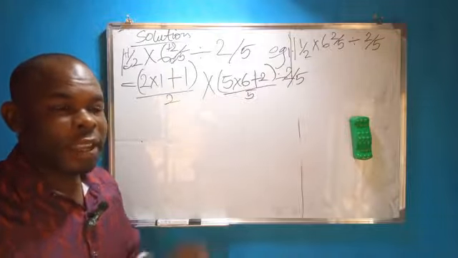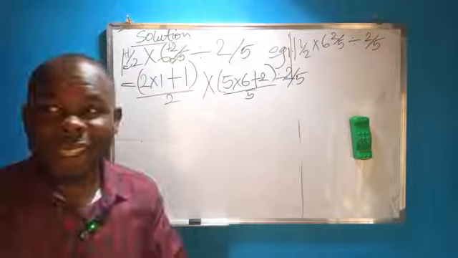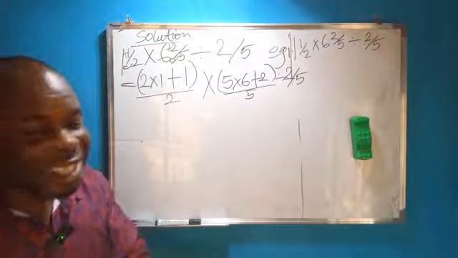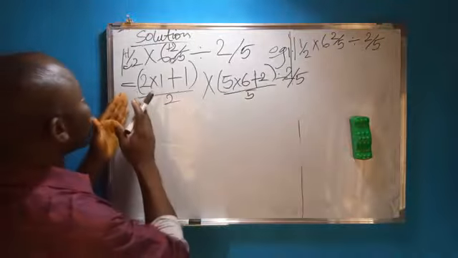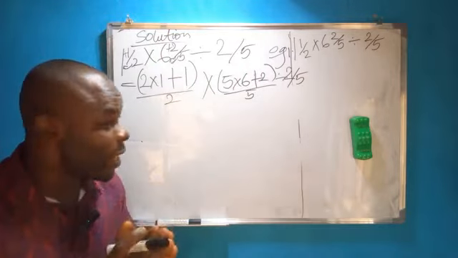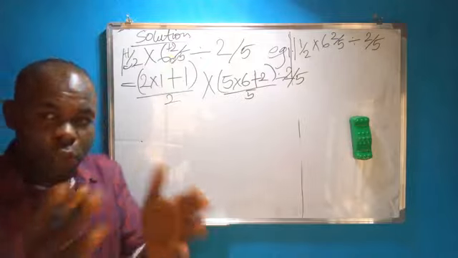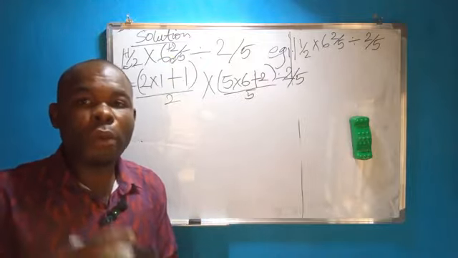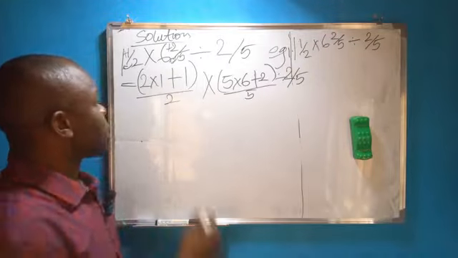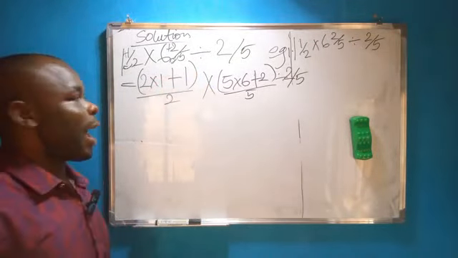That's not the step. The step stays Bodmas, which means since we already have multiplication here and we have addition here, which one do we go for first? The one we go for first is this multiplication, before we go to this addition.